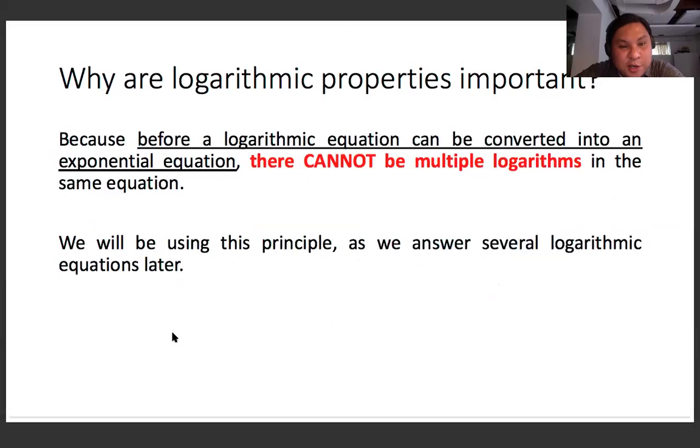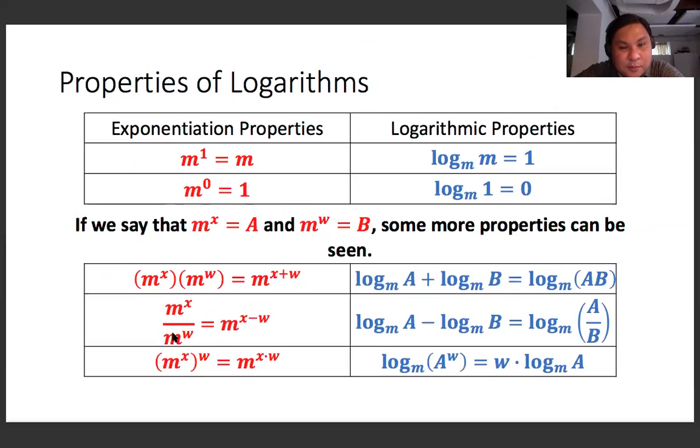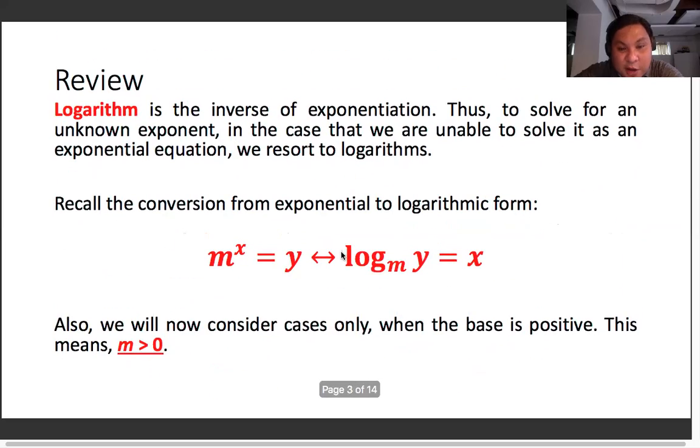As you would recall, logarithms are written this way. Log, there should be a power, there should be a base, and it should equal to a particular exponent. Or if not, at least the exponent is blank. That is what you are solving for.